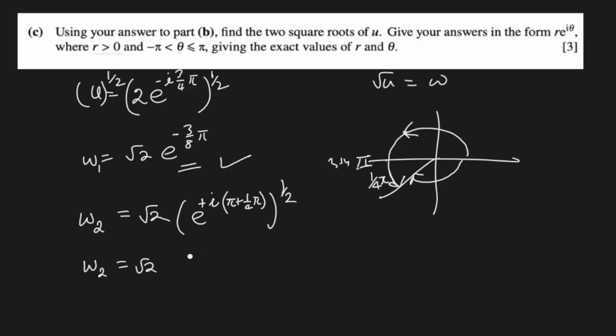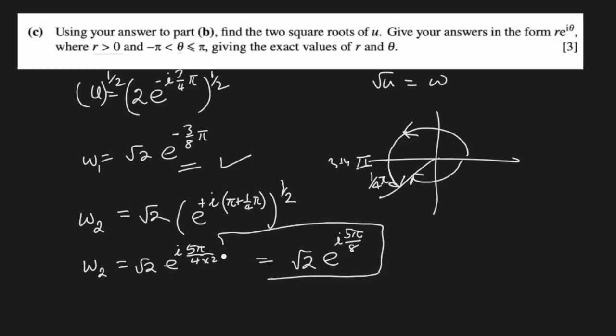Square root 2 e to the power i, and this is 5 pi over 4, and the 2 will multiply with the denominator here. So we get square root 2 e to the power positive i 5 pi over 8. This is the second answer. This is W2, and this is W1.